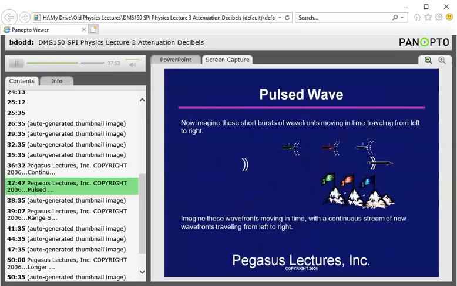It bounces off of tissue, it bounces off interfaces, and comes back to us. So we send out a pulse, we listen for the echoes to come back, we write down on our machine how long it took for each echo to come back, and we plot that as the depth into the patient. Okay? Now, we don't actually write it down.